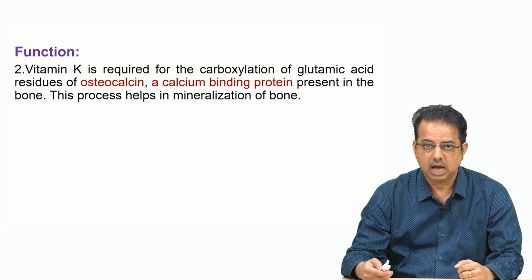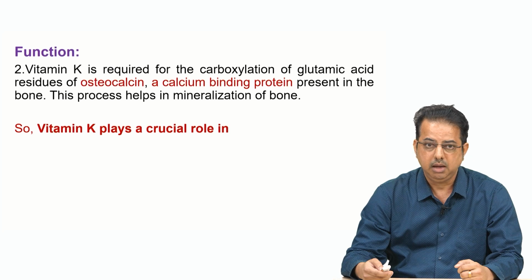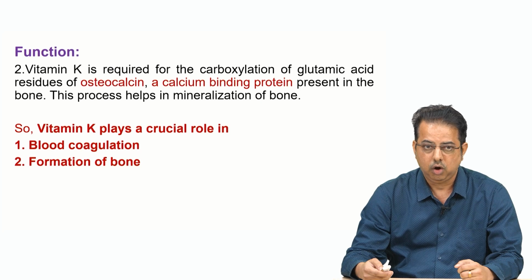The process of carboxylation of glutamic acid residues on this protein helps it to bind with calcium molecules. So, this process helps in mineralization of bone. So, to summarize, vitamin K plays a crucial role in the blood coagulation process and also in the formation of bone.